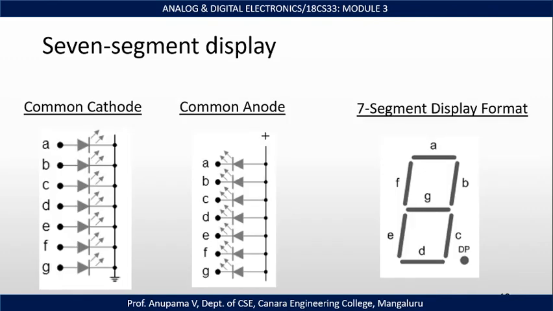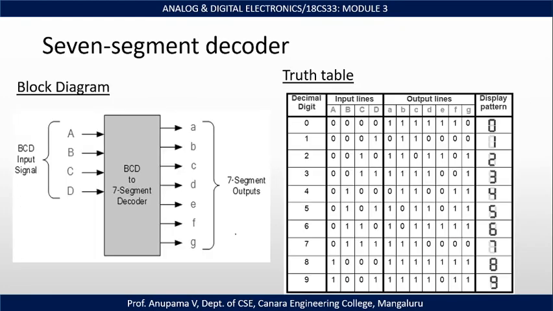How will you write 2 in LED display? In this format, right? That means a will glow, b will glow, g will glow, e will glow, d will glow. That is, they are set to 1. f and c are set to 0. So f and c are set to 0 for 2.